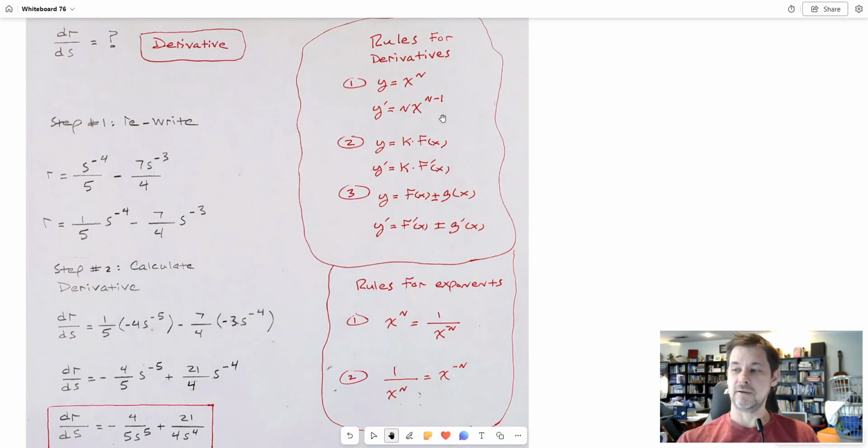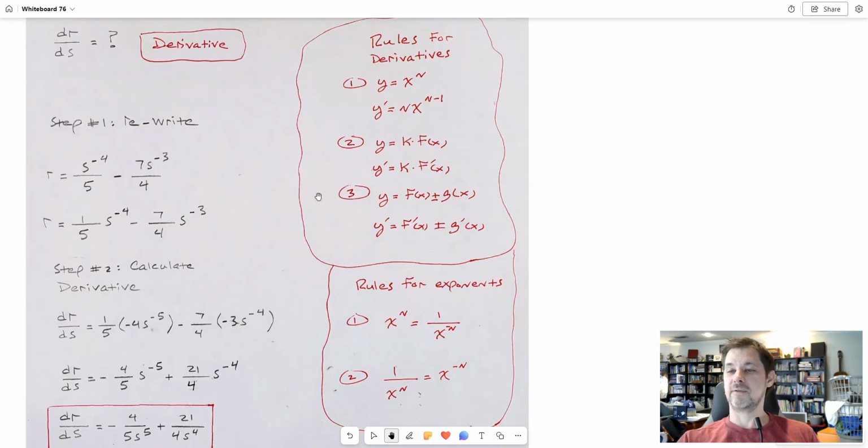So I wish I could tell you there was just one rule and it's always very easy to decide what to do, but I don't think that is the case for everybody. So we've got this other rule that says if I have a constant times a function, I can find the derivative of that by carrying that constant into my answer and multiplying it by the derivative of that function.